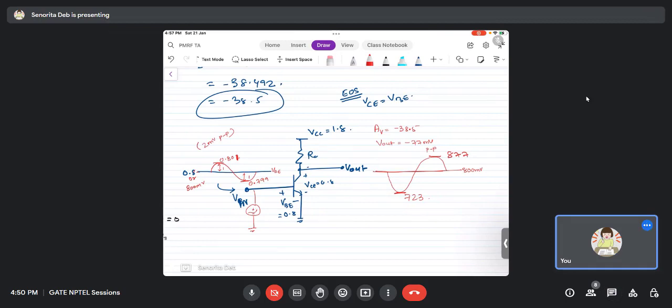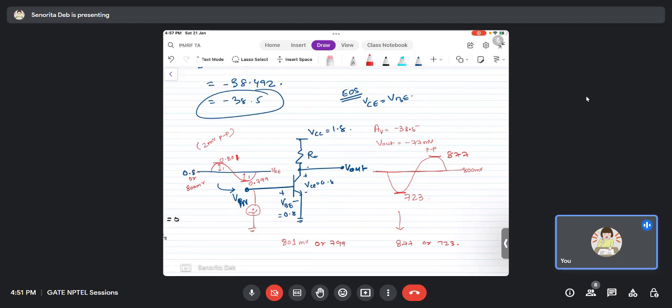Okay, good. Now you see what is the base voltage maximum value? 801. So 801 being the maximum value, and the output's maximum is 877, or 723, whatever you want to take. So 801 and 799, this is 877, 723. What is this?